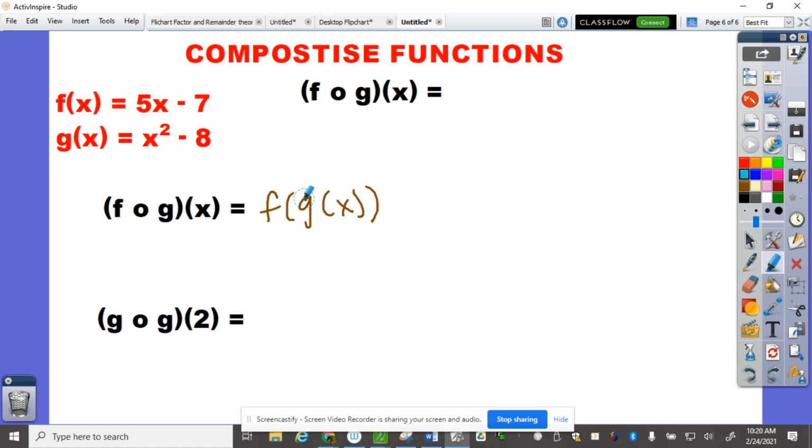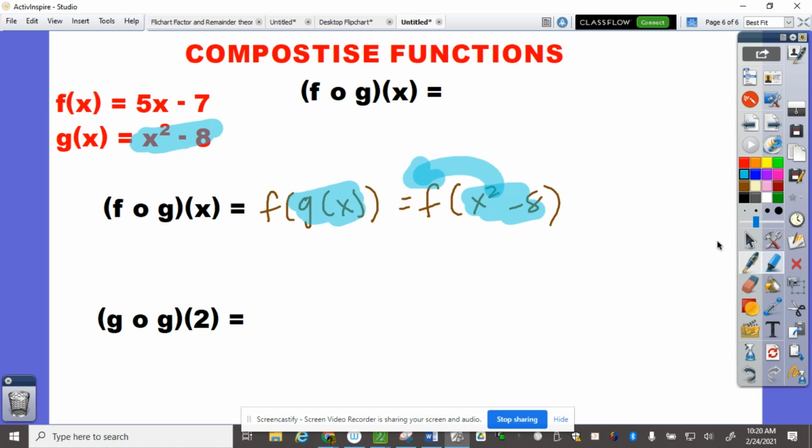So that means the g of x, which is this one here, x squared minus 8, will go into the f. The f is 5x minus 7.